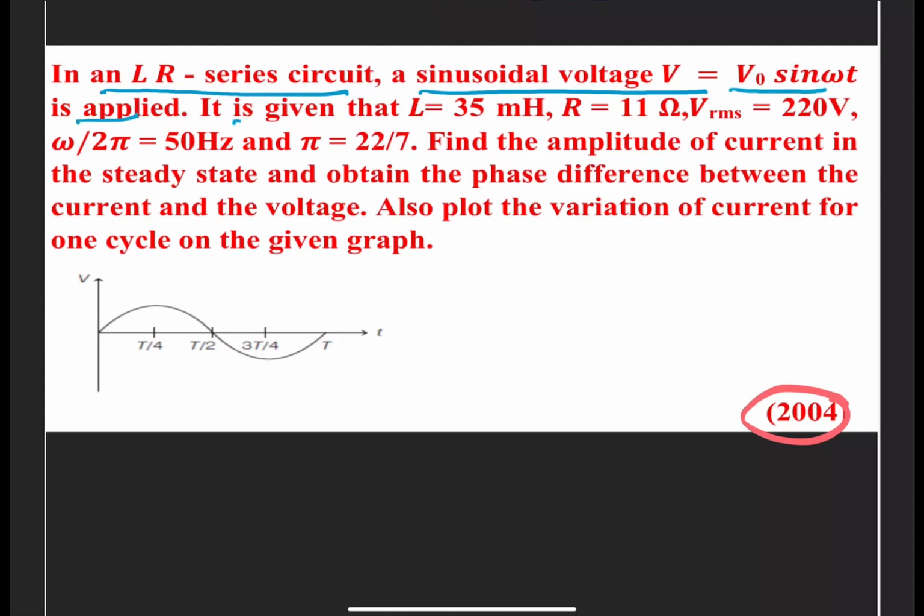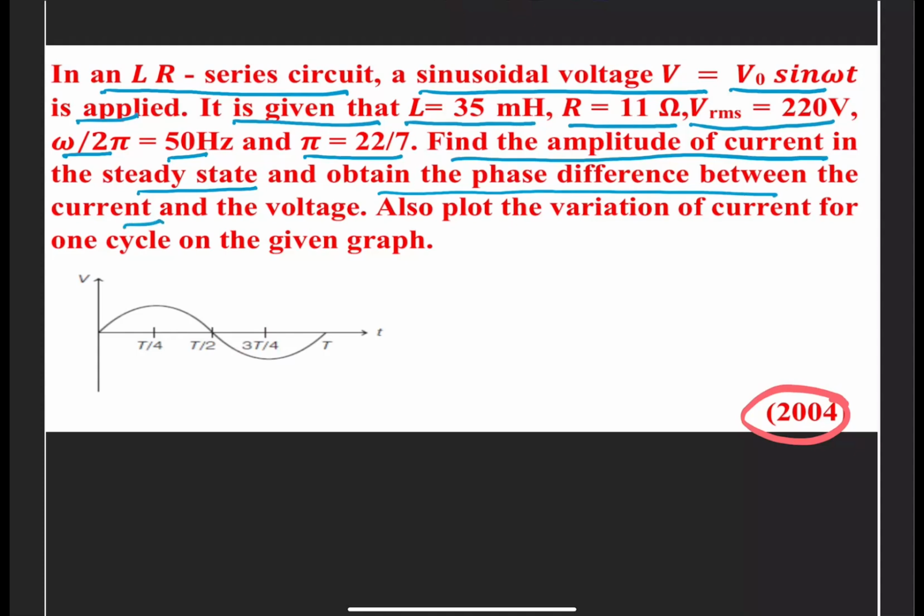It is given that L is 35 millihenry, R is 11 ohm, VRMS is 220 volt, omega upon 2 pi is 50 hertz, and pi is 22 by 7. Find the amplitude of current in the steady state and obtain the phase difference between the current and voltage. Also plot the variation of current for one cycle on the given graph.